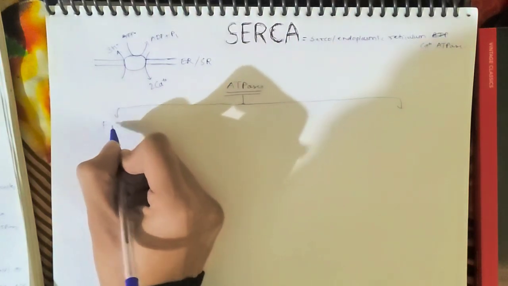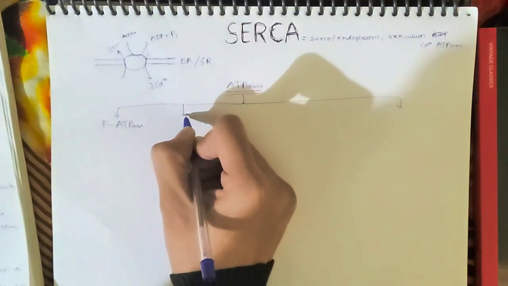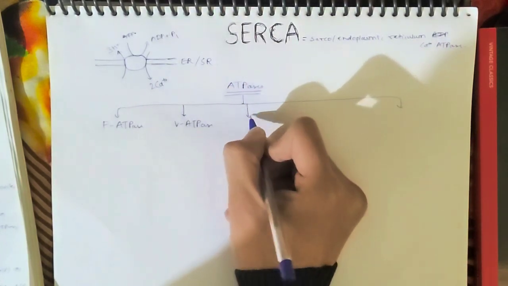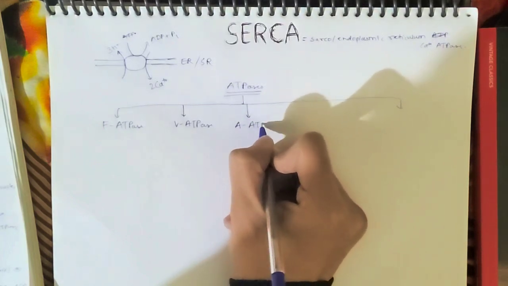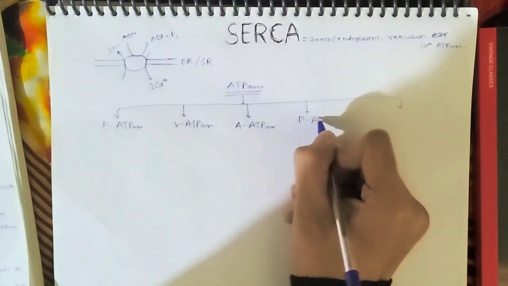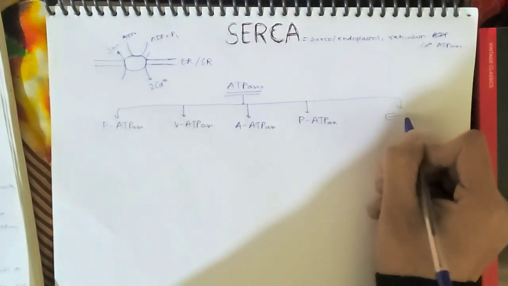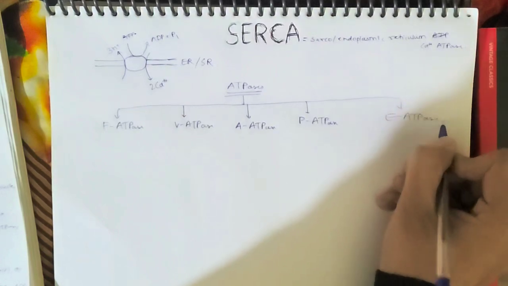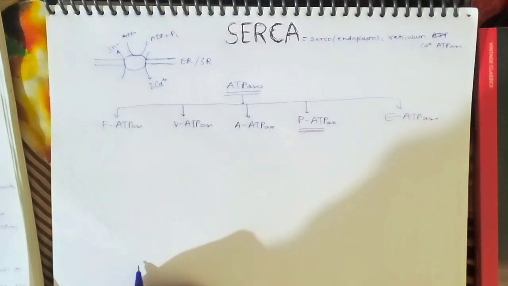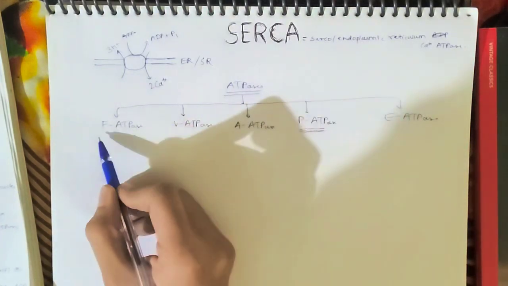First one is F-ATPase, second one is V-ATPase, third is A-ATPase, fourth is P-ATPase, and fifth is E-ATPase. SERCA belongs to P-ATPase. Let's get a gist of what these ATPases are about.